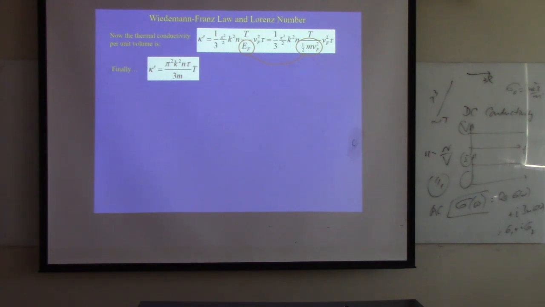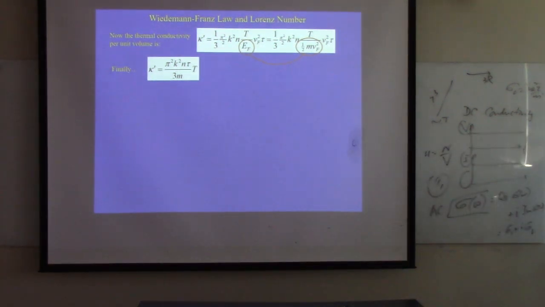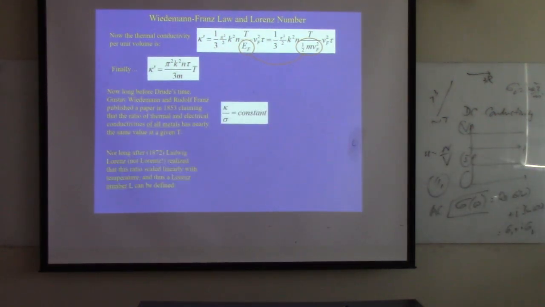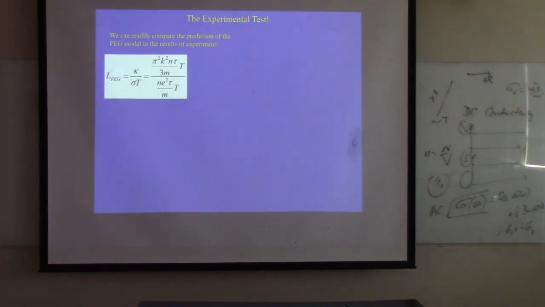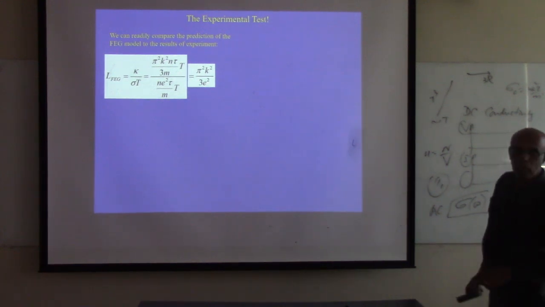A very simple formula, right? So this pi squared k_B squared divided by 3e squared.